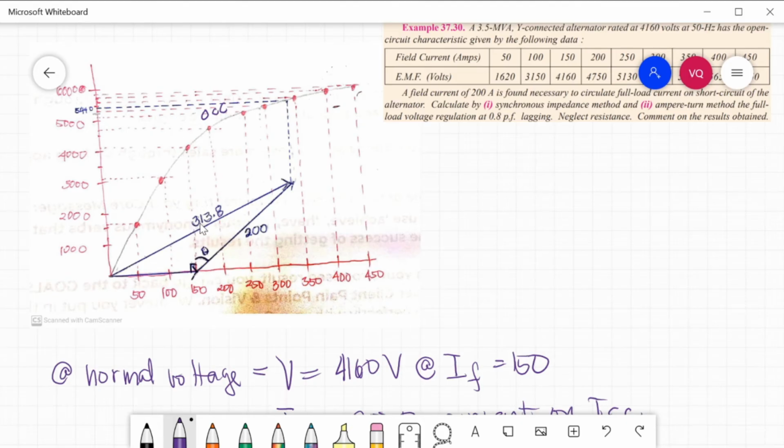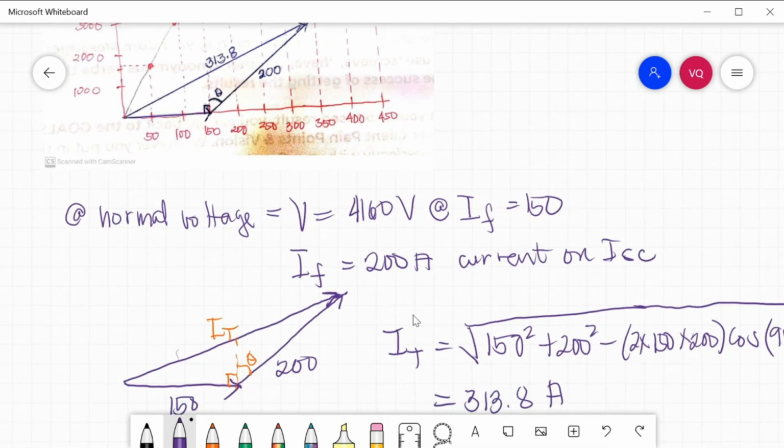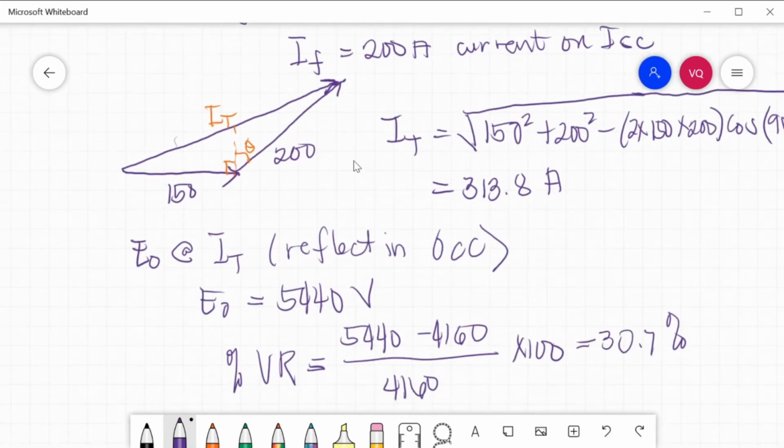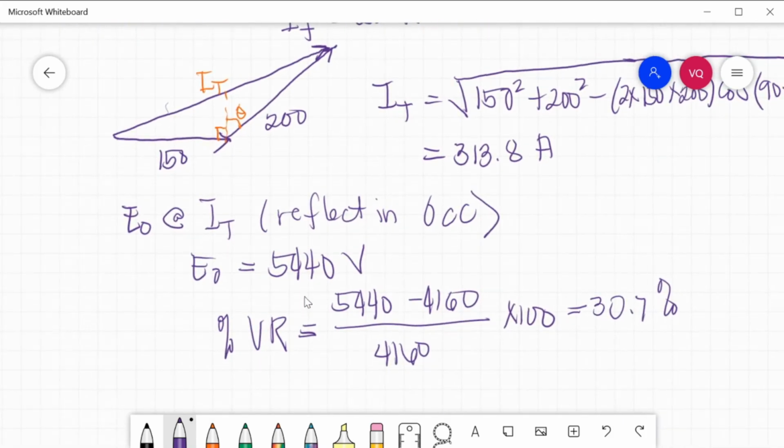So, at 313.8 amperes, it has 5,440 volts, no load. Therefore, our percent voltage regulation will be 5,440 minus our terminal voltage, which is 4,160, divided by 4,160 times 100, equal to 30.7%.